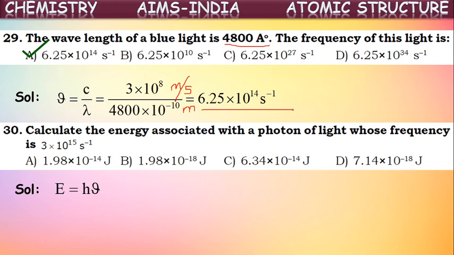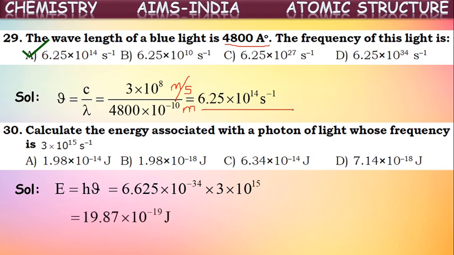So we know the constant value and frequency is already given. If we substitute these two, we get the energy. H value is 6.625 into 10 to the power of minus 34 joule second, and the frequency is 3 into 10 to the power of 15. Now we get the final answer in joules. 19.87 into 10 to the power of minus 19 joules.